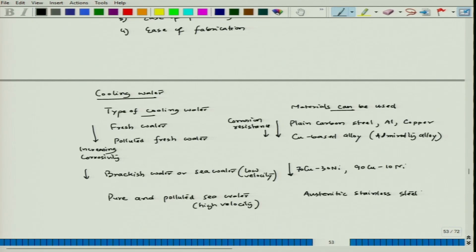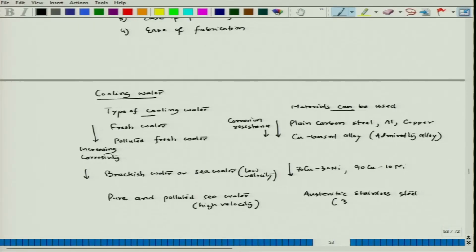or we can use austenitic stainless steel, but if it is 304, there could be a possibility of pit formation. So, that is what we have to have molybdenum in it, which can actually prevent pitting. So, we can use 316 type, where we have molybdenum.